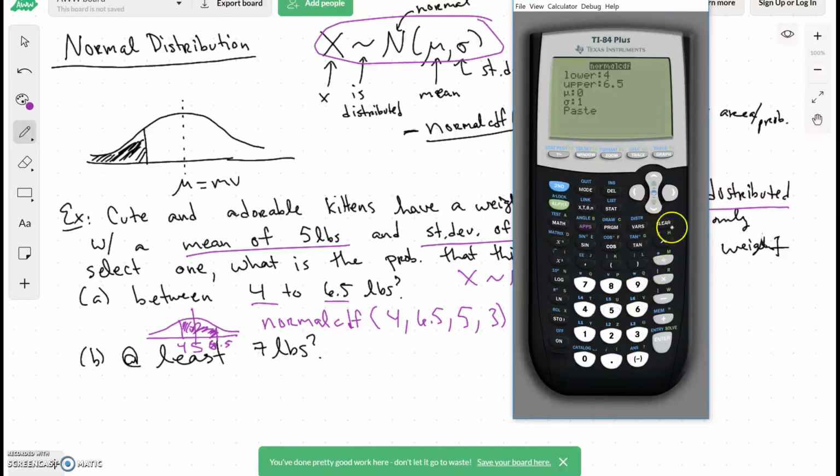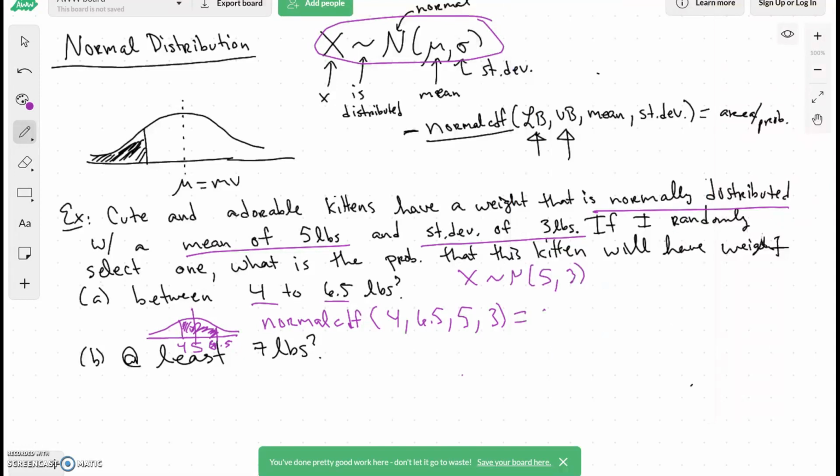My mu, my mean, is going to be a 5, and my standard deviation sigma is going to be a 3. So make sure that you really know what these two letters stand for, or else we're going to be really lost. Mean and standard deviation. Okay, paste. What are we going to get? 0.3220. So about 32.2%.